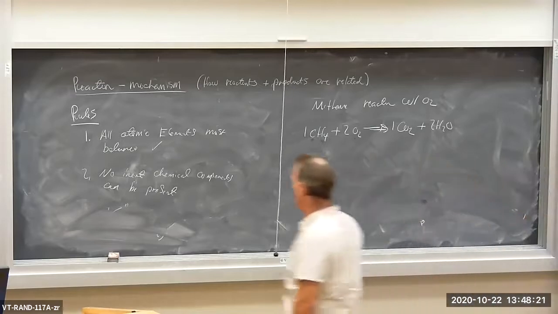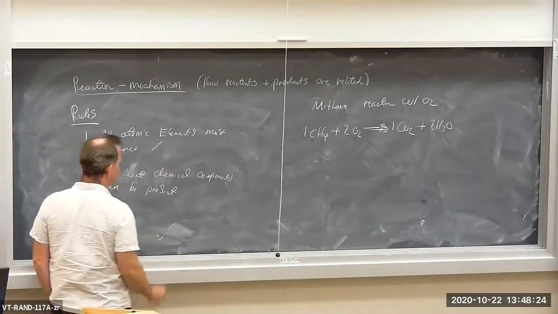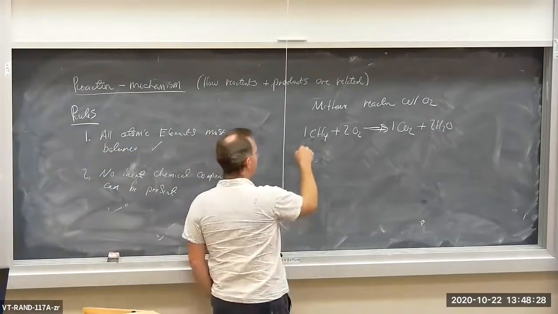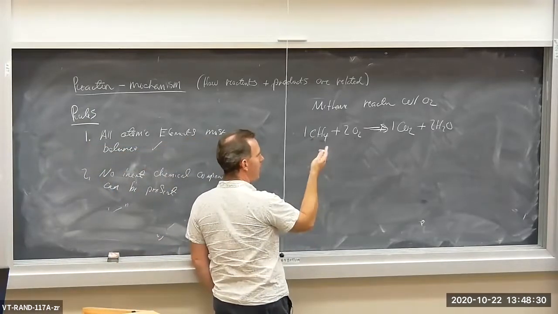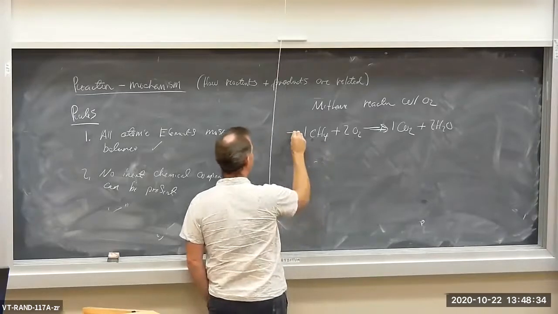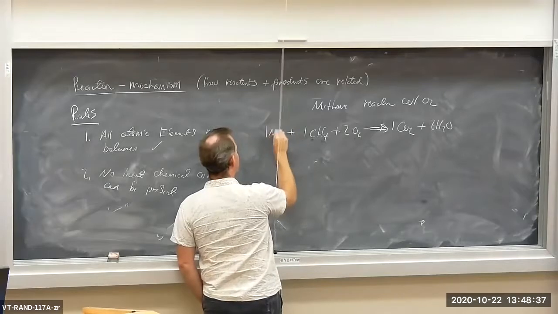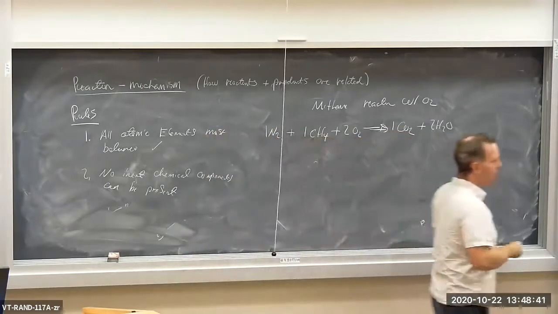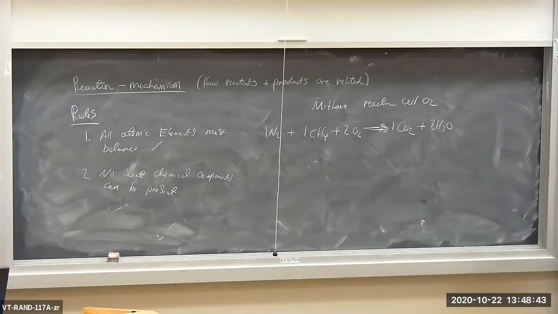Then it says no inert chemical components can be present. Let's say I'm burning methane with nitrogen and oxygen. So I could do 1 N2 here, 1 mole of N2, but N2 doesn't participate in the reaction.